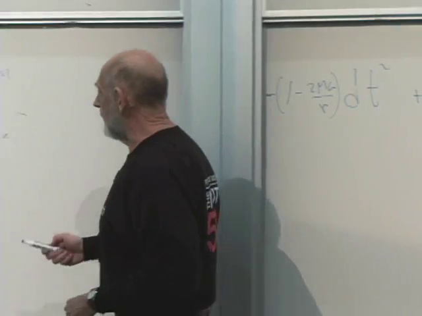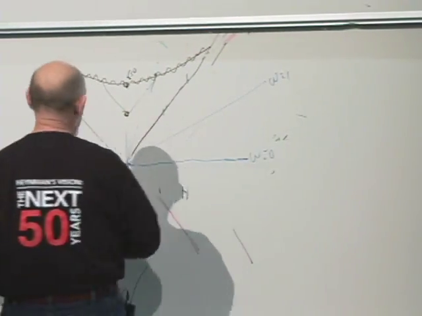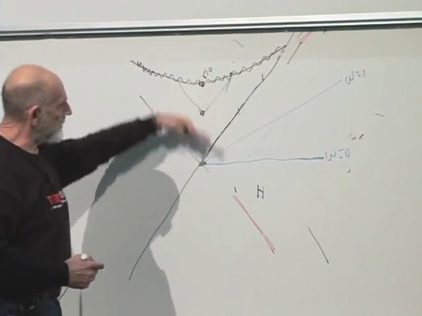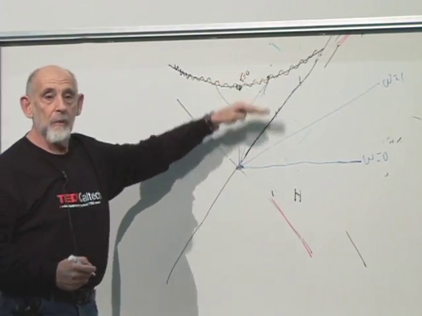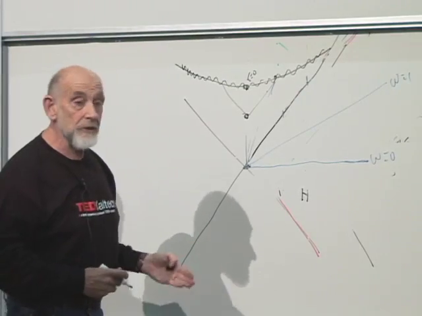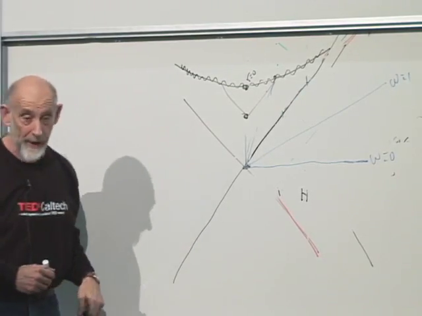Well, that's a little bit peculiar because you can see over here that forward in time, there's a singularity. What it implies is that there must be a singularity also in the past.